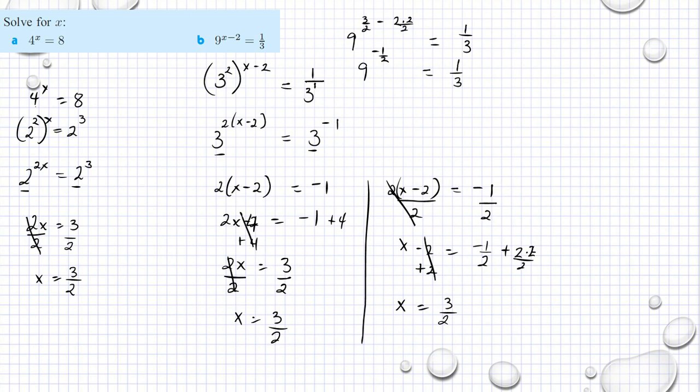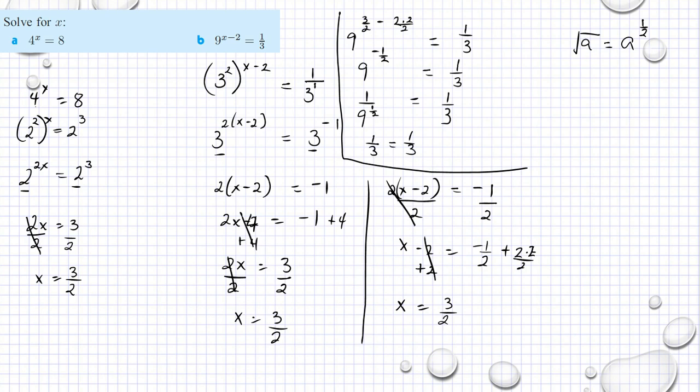If we put that as a denominator, then we have 1 divided by 9 raised to 1/2 is equal to 1/3. And as we said before, a number raised to 1/2 is the same as the square root of that number. So the square root of 9 is 3. So we have 1/3 is equal to 1/3.